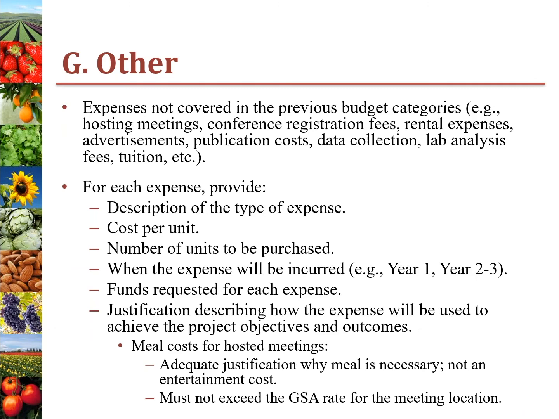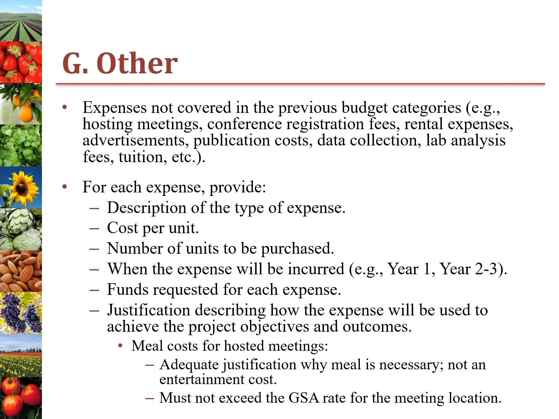Now, category G is where budget-related expenses not covered in any other category should be listed. Expenses listed under category G can include costs for hosting meetings, conference registration fees, rental expenses, and publishing project results in professional journals.